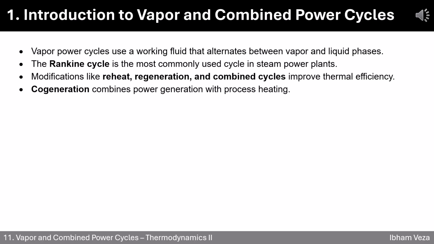This approach doesn't just make electricity, but also captures leftover heat for other uses like heating buildings or running industrial processes. The result is a smarter, more efficient energy system where less energy goes to waste. Understanding these concepts will help you see how power plants evolve from simple systems into highly efficient energy producers.